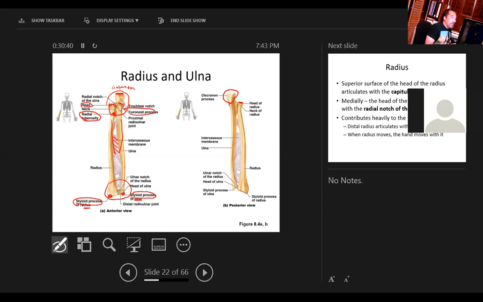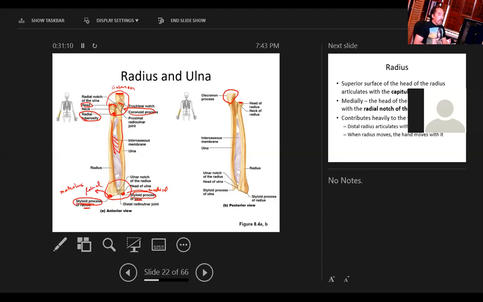So instead of calling it a styloid process, on the leg, the tibia and fibula have what we call the malleolus. Okay, we'll see that later on. So the styloid process of the ulna is located at the medial side, and the styloid process of the radius is located at the lateral side.